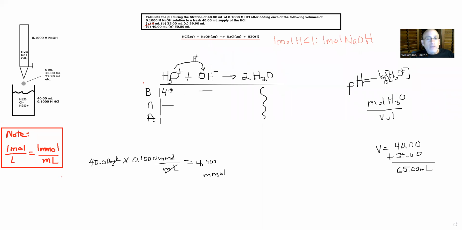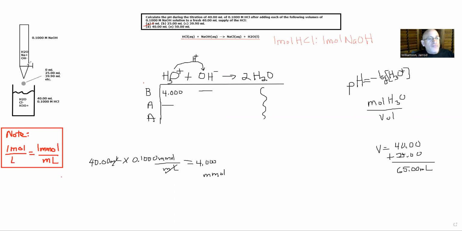Here I had a 40, put the decimal point in the wrong place. I have 4 millimoles, because it's 0.1 molar, not 1 molar. These are much more comfortable round numbers than doing something like 0.004.